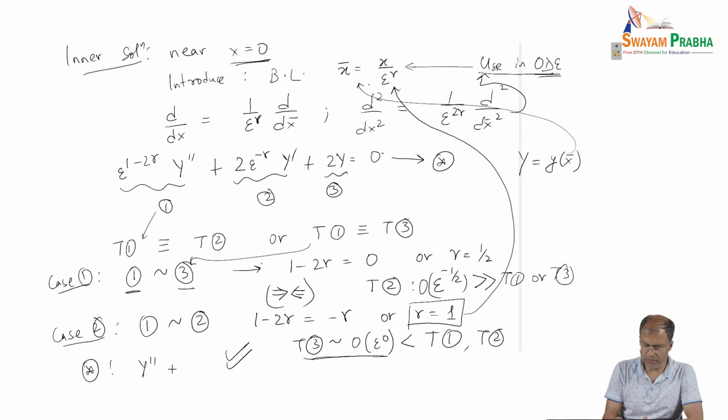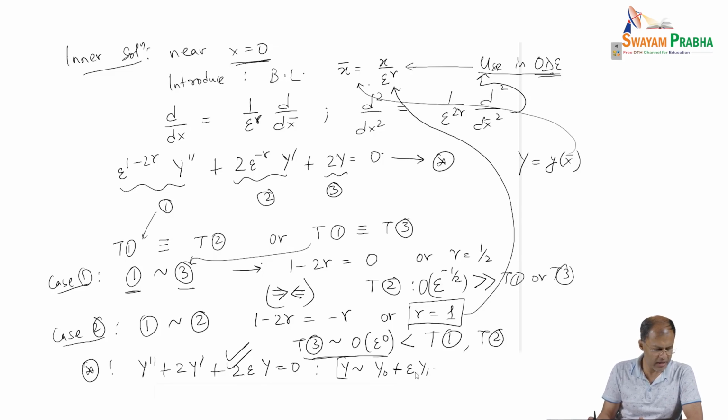We have the new equation y double prime plus 2y prime plus 2 epsilon y equal to 0, and we see that y is going to be y naught plus epsilon y1 and so on. So y is of this form.